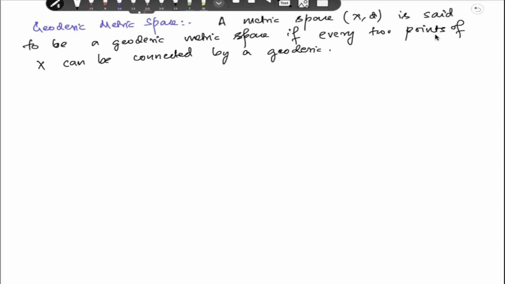Again, examples: if you take the upper half plane with respect to the hyperbolic metric, that is a geodesic metric space. The Euclidean plane is a geodesic metric space.